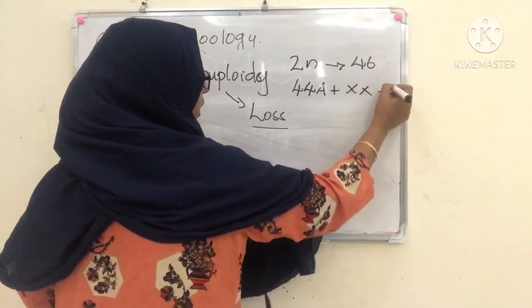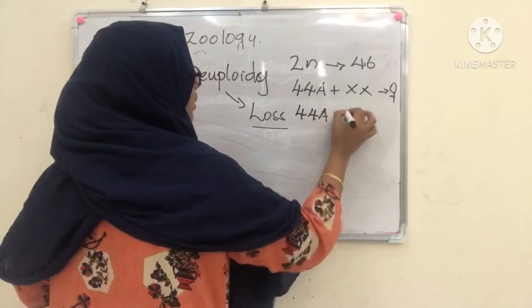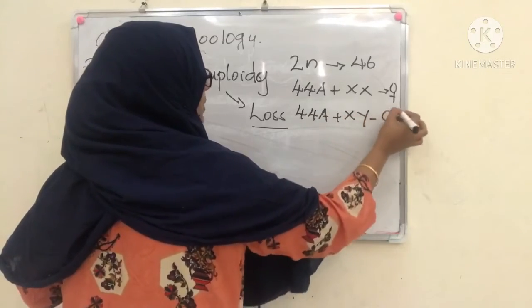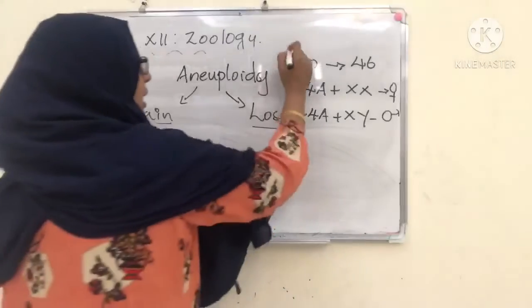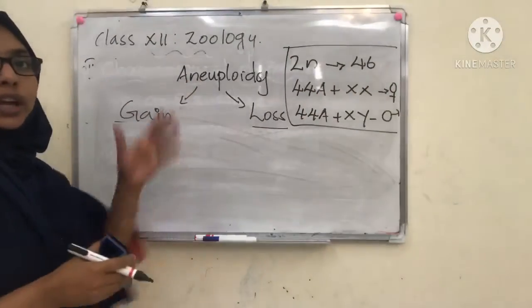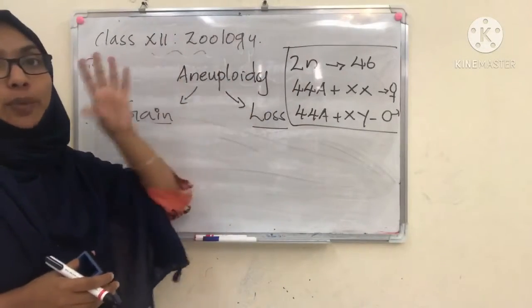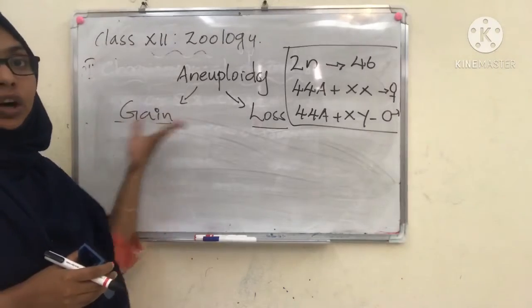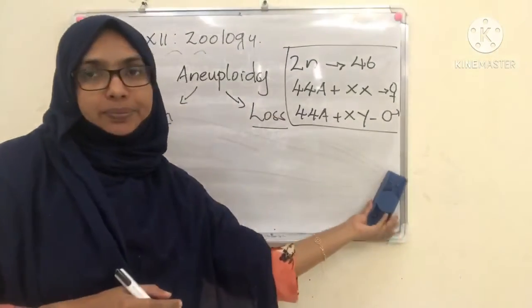This is female. Correct. 44 autosomes with 2 sex chromosomes, this is male. The Y chromosome depicts the male. So this is the general form. Keep that in mind. So we are going to check what happens to the normal chromosome number during the gain or loss of chromosomes. Is that clear?